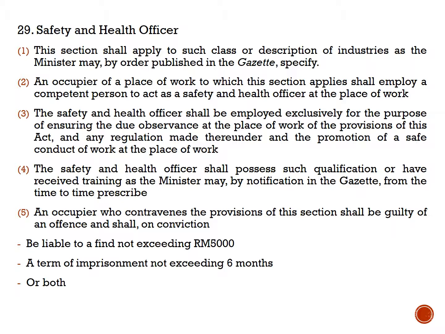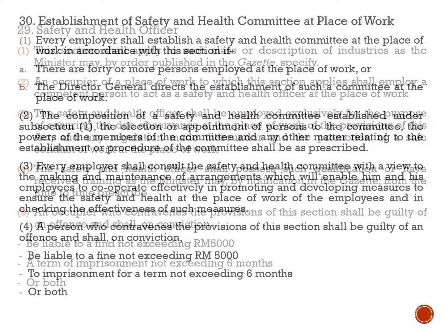An occupier who contravenes the provisions of this section shall be guilty of an offence and shall on conviction be liable to a fine not exceeding 5,000 ringgit or a term of imprisonment not exceeding 6 months or both.